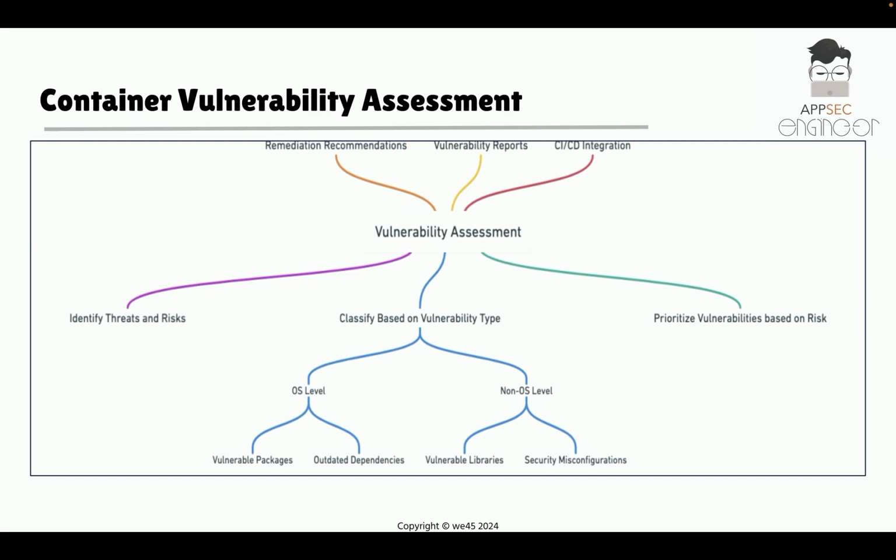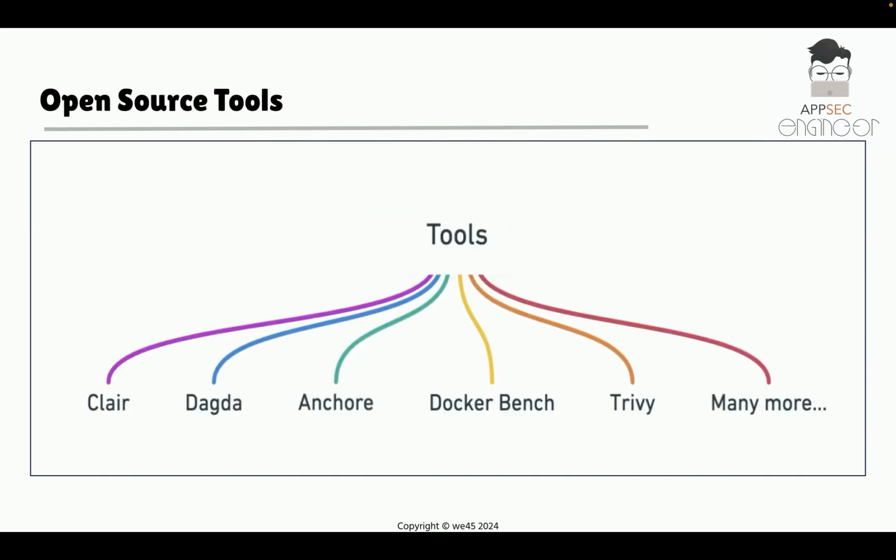Some of these tools also help you prioritize these vulnerabilities based on the risk. They are going to give you a risk score, something like critical, high, medium, low, info and so on. Using this, you can start fixing the high severity issues first.